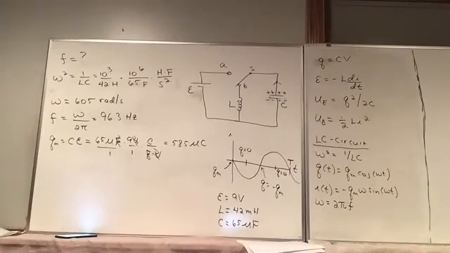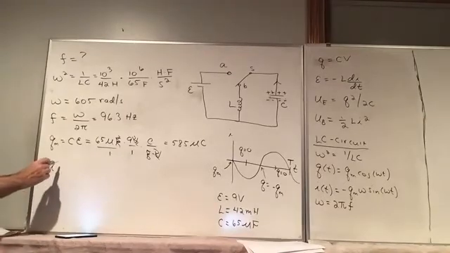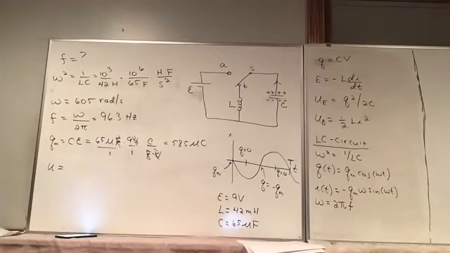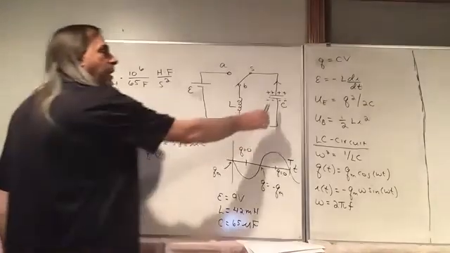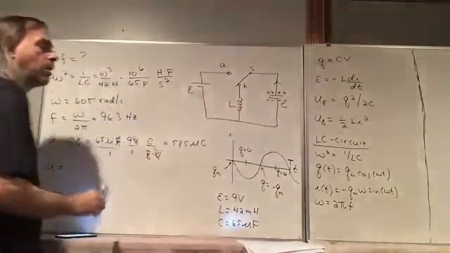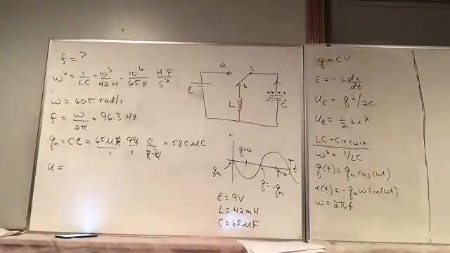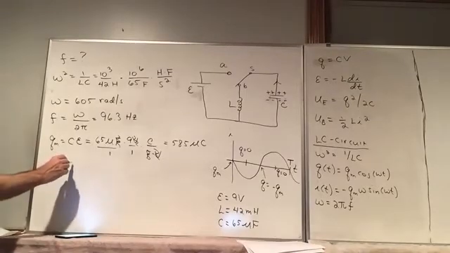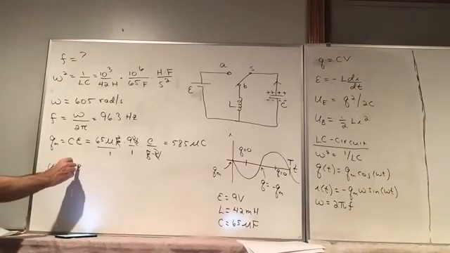And so the maximum energy would occur when all the charge is on the capacitor. So let's find the total energy. Again, when all the charge is on the capacitor, there's zero current. So the total energy would be Q max squared over 2C. It's not going to be too much energy.